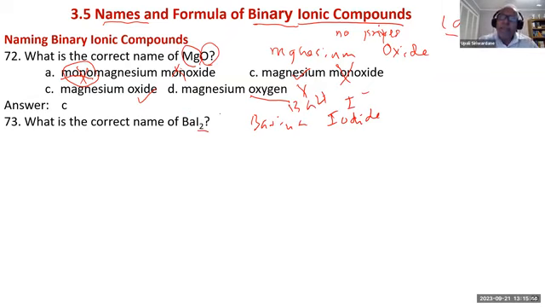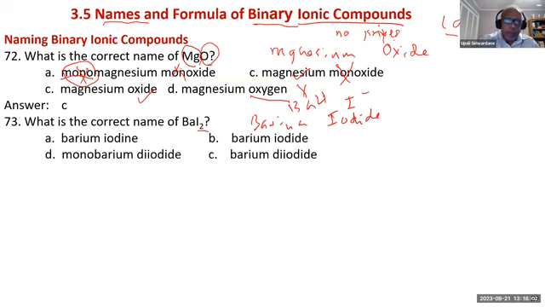Anyway, we don't use prefixes. The name should be barium iodide. This one uses the di prefix. That's wrong. This one uses the mono prefix for barium. That's wrong. This is wrong. Iodide is not iodine. So the answer is B.